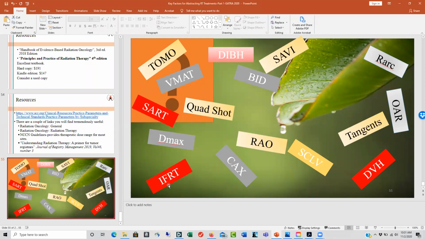I work for two facilities. One of the facilities is great in that they always include the planning technique in their summary. Always, always. The other facility does not. I know where to find that information because I have access to the radiation oncology database, and I know what to look for. Again, something that I will cover this afternoon.